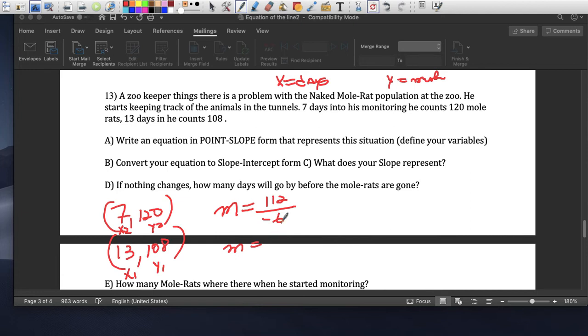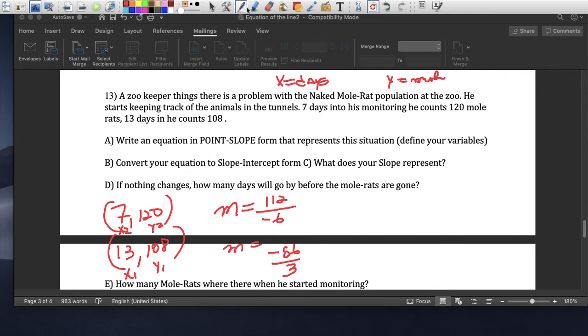Let's just leave this at negative 56 over 3. All right, so let's leave it as a fraction for now.